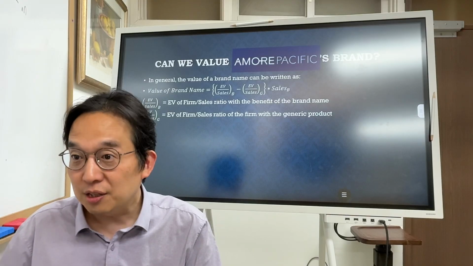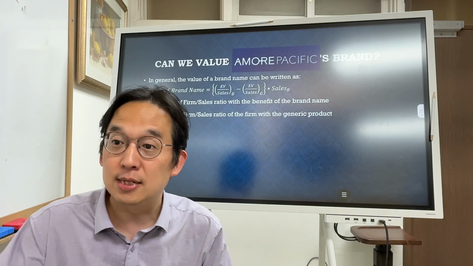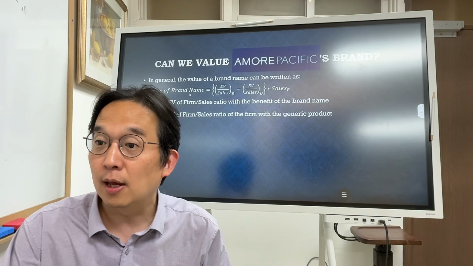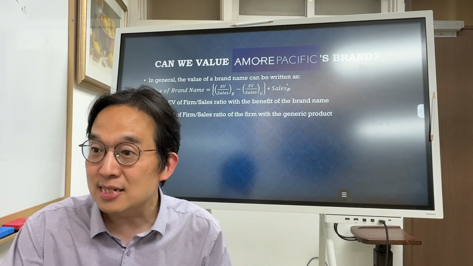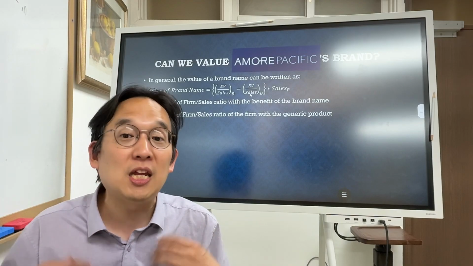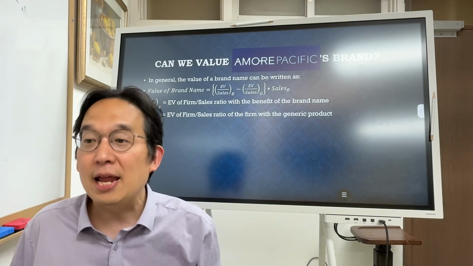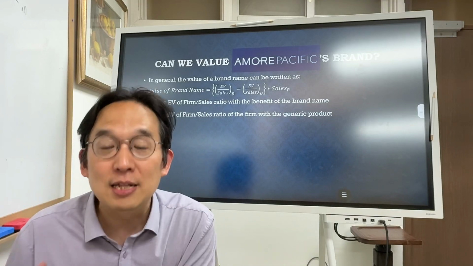In general, the value of a brand name can be written as this. Value of a brand name should be sales of the company times the difference of EV to sales ratio between your company and the company without brand equity.